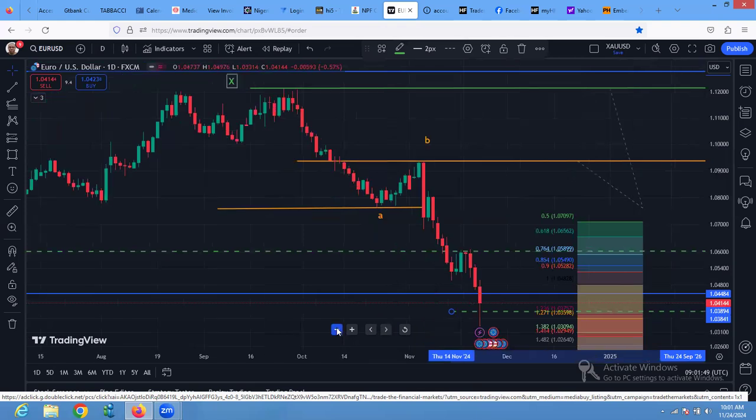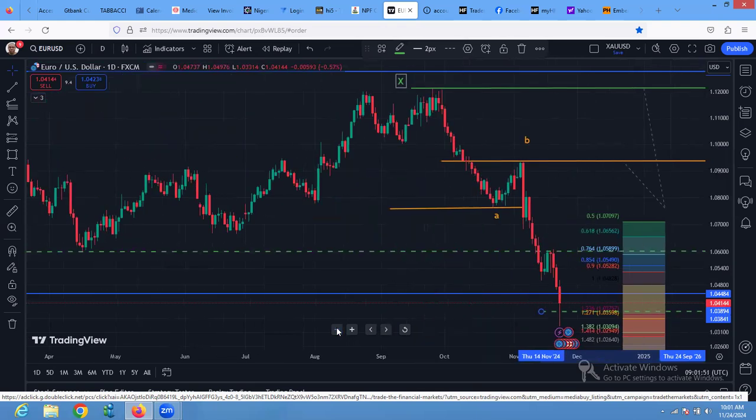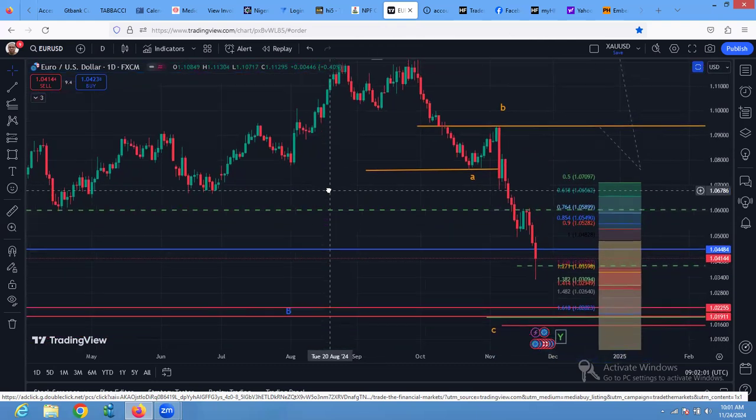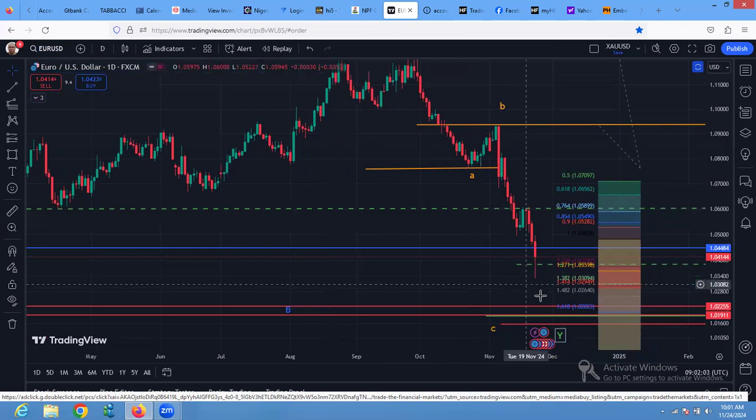That should not break 1.618 anyway, if it's corrective. So let's look at it. Now we are seeing that 1.618 broke the first red, and it's around the area of 1, 2, 3 here.